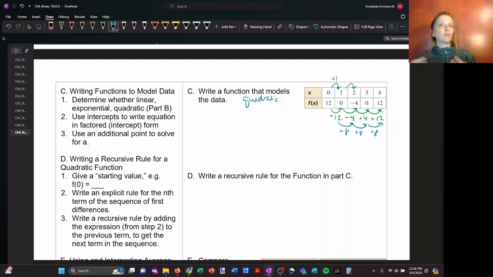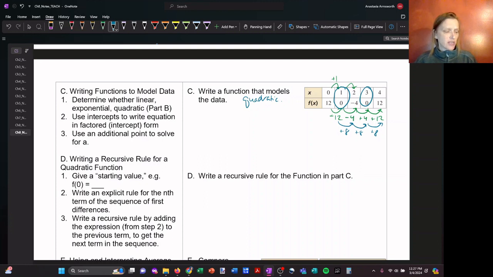So I want to write an equation for a quadratic function that matches these data. It would help if I knew the vertex, or it would help if I knew what the zeros were. And as it turns out, I do know what the zeros are because x is 1 when y equals 0, and x is 3 when y equals 0.